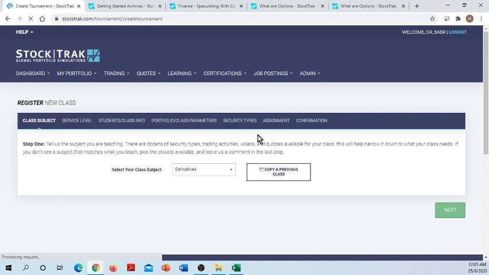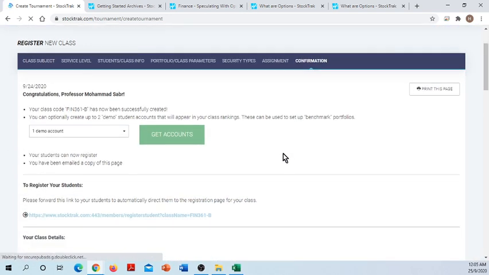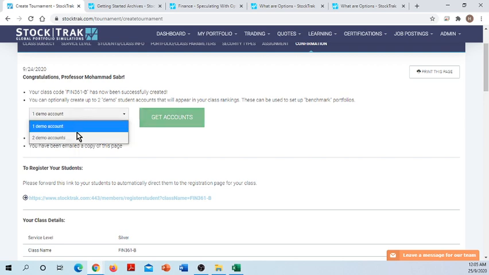Now here it's a confirmation that the class has been set. Now you can also here choose whether or not you want 1 or 2 demo accounts that will show in the class ranking.